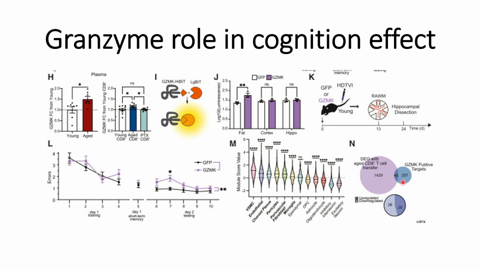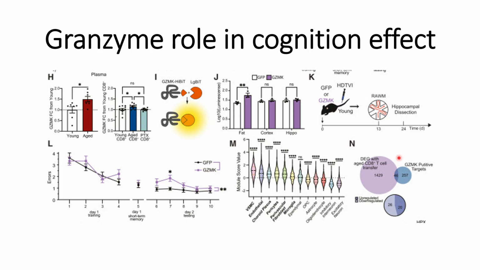These 46 genes they later used to find out the common pathways that are dysregulated in the DEGs of the aged CD8 plus T cell adoptive transfer and the Granzyme putative targets.